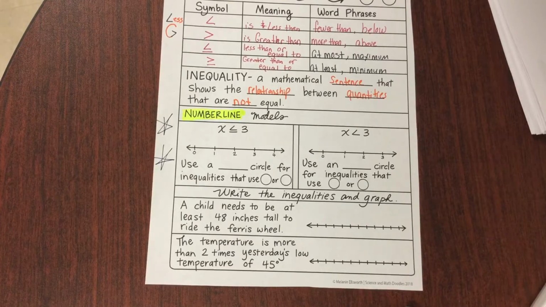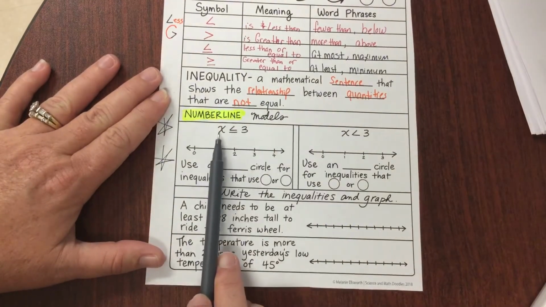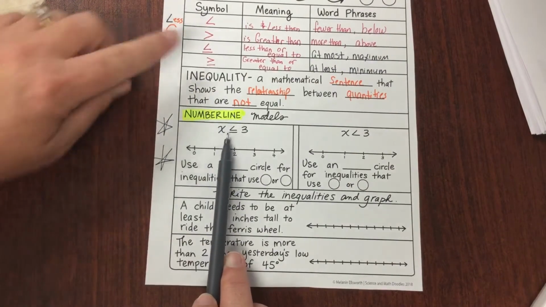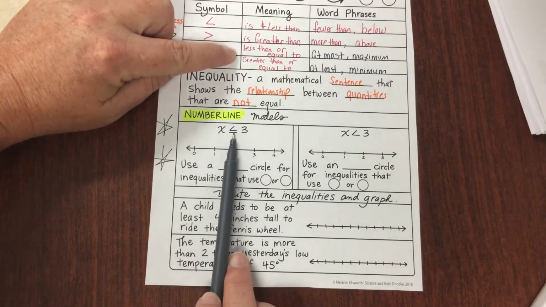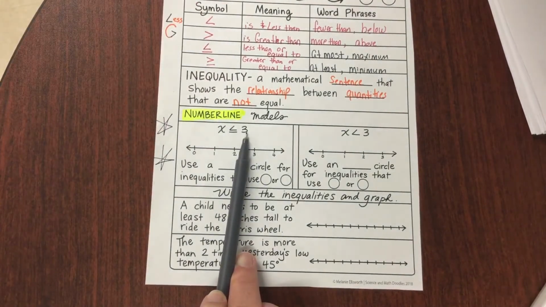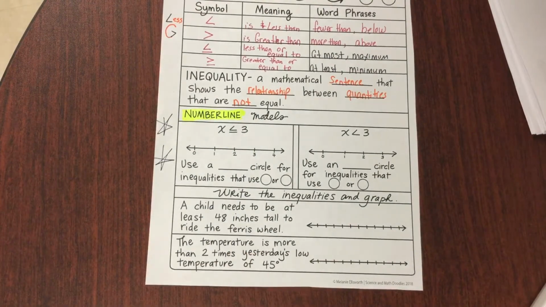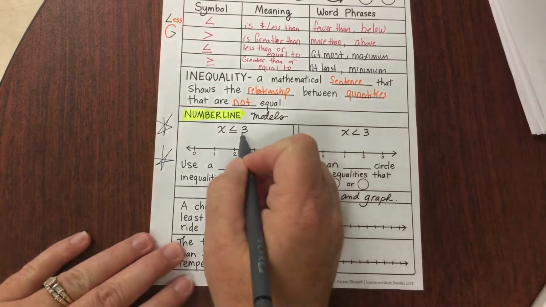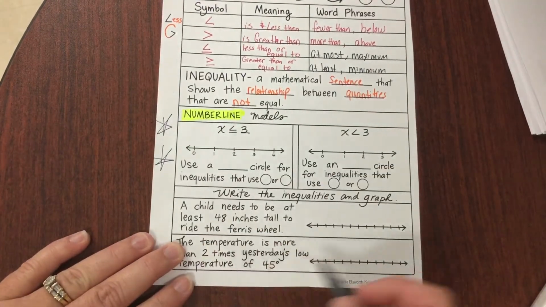Okay, so when I go to model, I'm going to read this sentence. This mathematical sentence says x is less than or equal to 3. If I'm going to model this on my graph, I'm going to find 3. Everybody with me?